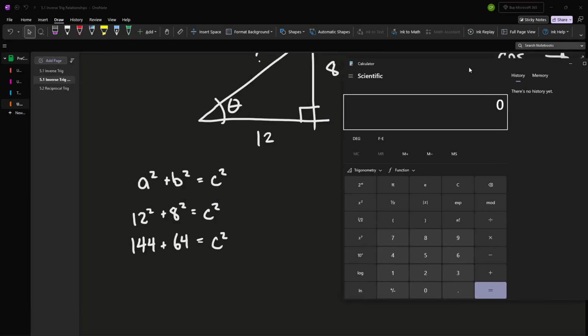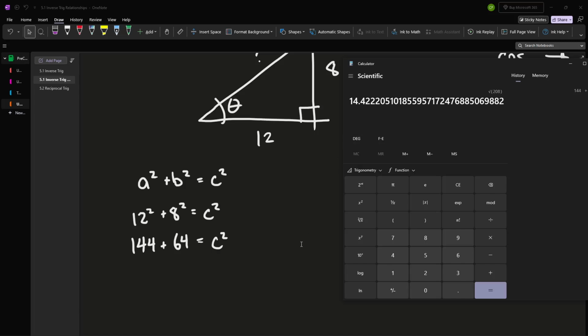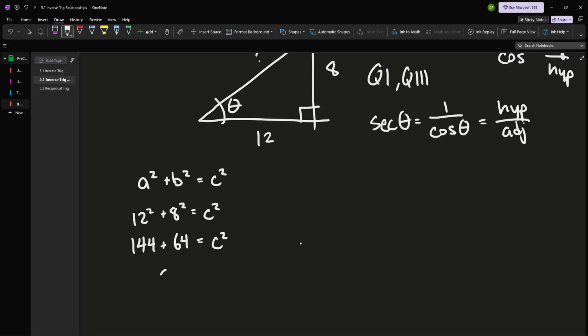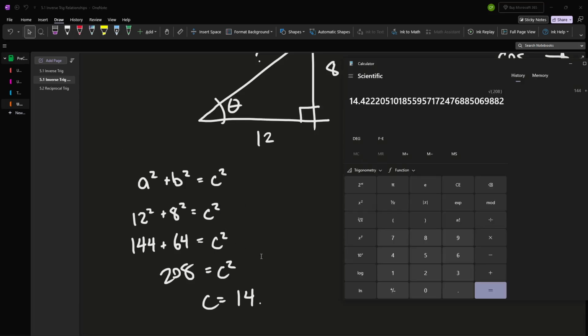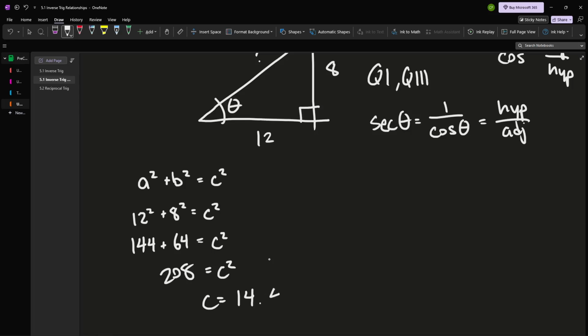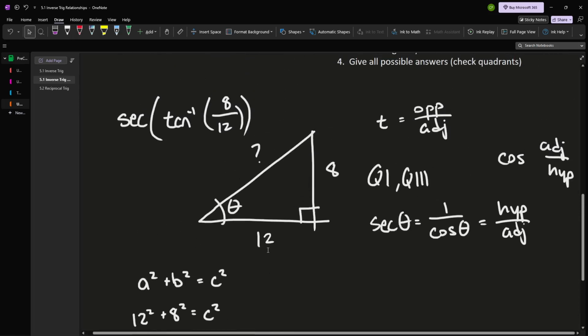Calculator. 144 plus 64 gives me 208. 208 equals c squared. The square root of 208 is 14.42. So c equals 14.42. So I found my last side.